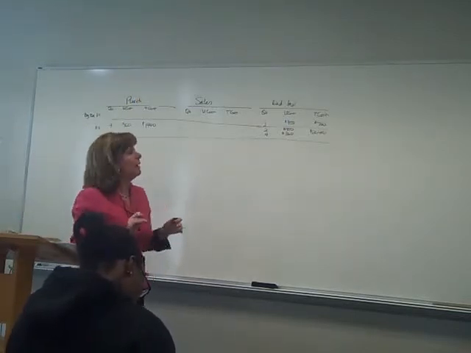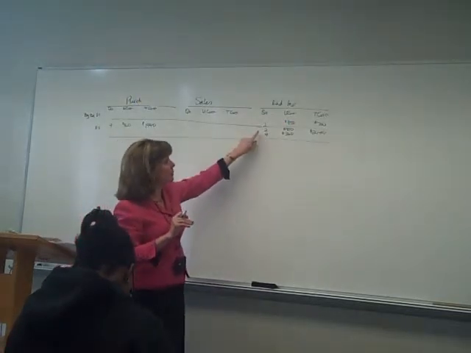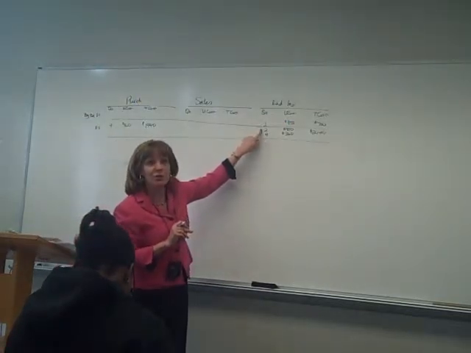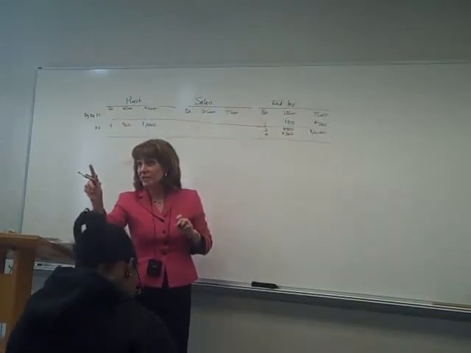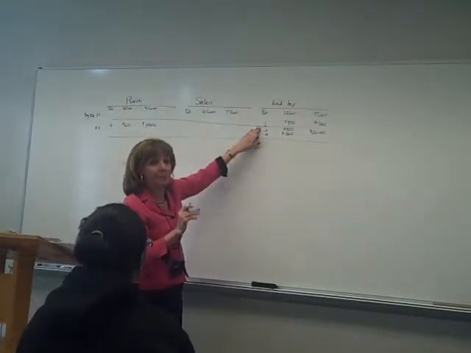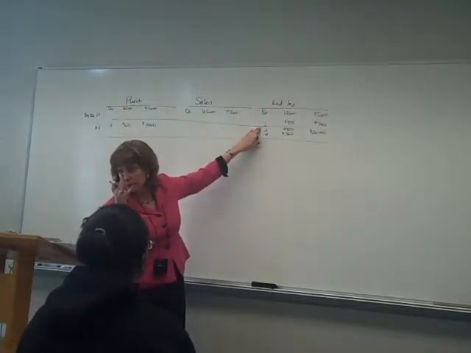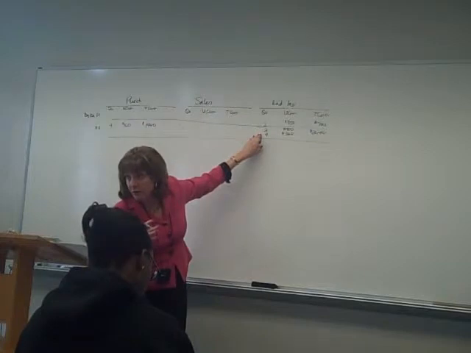Okay? Well, if we're doing FIFO, then the first ones that we had are sold first. So, will you watch this, and then I'll let you write it. We sold these two, but we sold 4. So we also sold 2 of those. You with me?